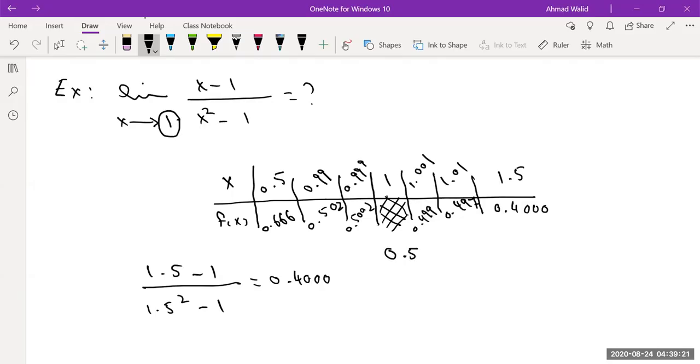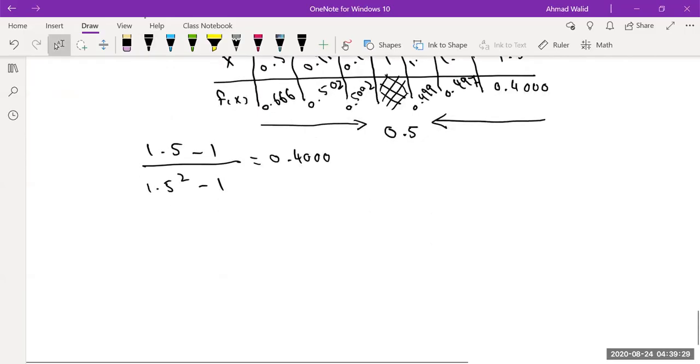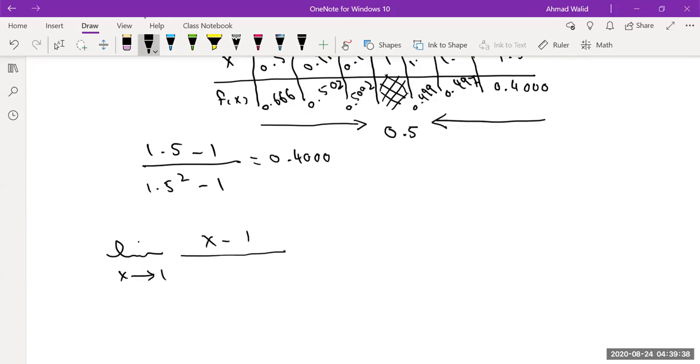To 0.5. From the right side, 0.5. From the left side, 0.5. Then the answer for this problem: the limit as x approaches 1 of x minus 1 over x squared minus 1 is equal to what? To 0.5.